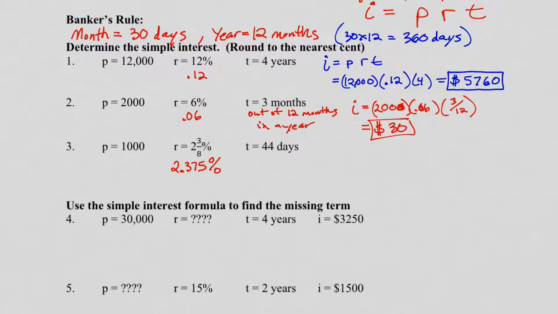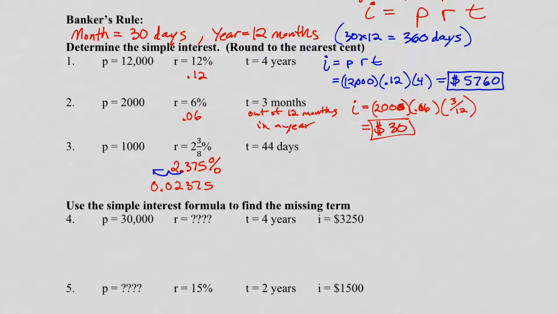And then, as we talked about in our previous lesson, we're going to drop this percent sign and we're going to move this 2 places to the left by dividing by 100. So this is going to be 0.02375. That's our rate.